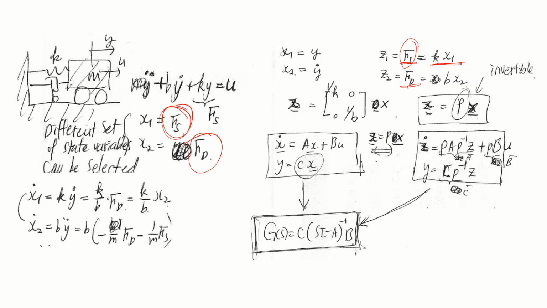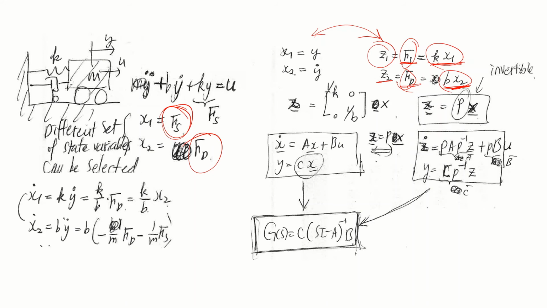Well, Fs is k times x1, right? The spring force is proportional to the displacement, and the damping force is proportional to the velocity. Okay, so the first state variable is defined as k times x1 and z2 is b times x2. So now you can see there is some relationship between these two different choices of state vector, right?